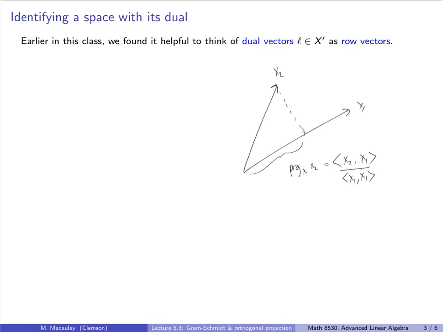Now, in the Gram-Schmidt process, we subtracted off this, and we got something that was orthogonal to it. So this was x2 minus the capital P projection of x2 onto, I'm going to call it q1, the normalized version. And then I said that this lied in the so-called orthogonal complement.